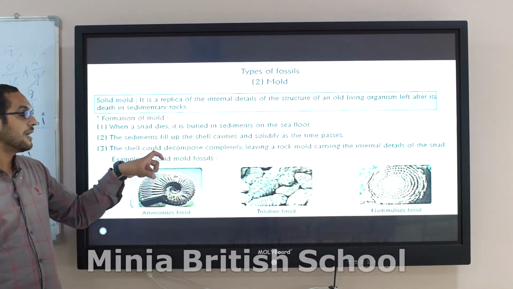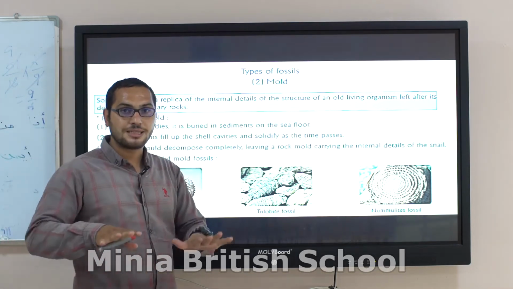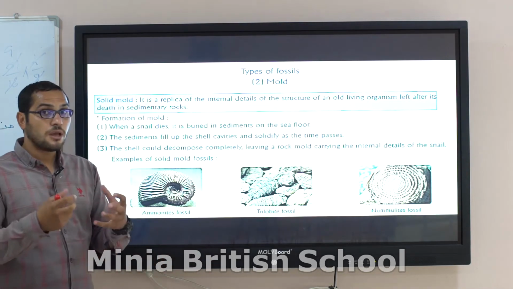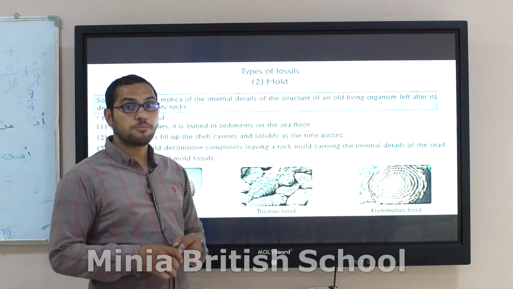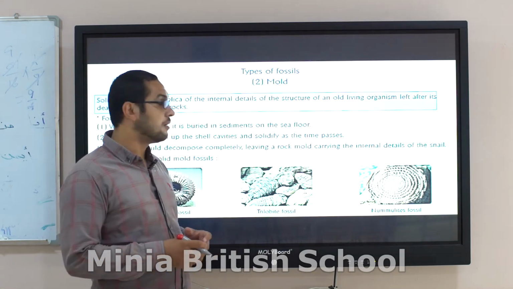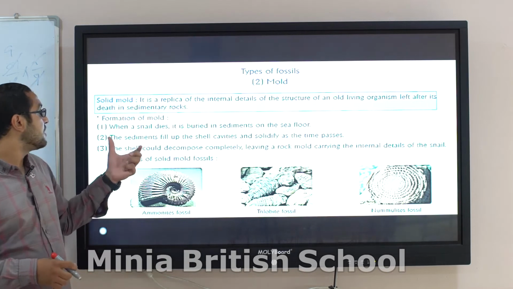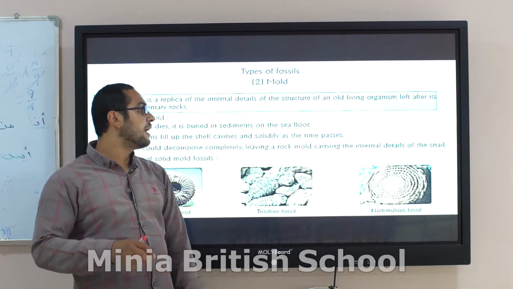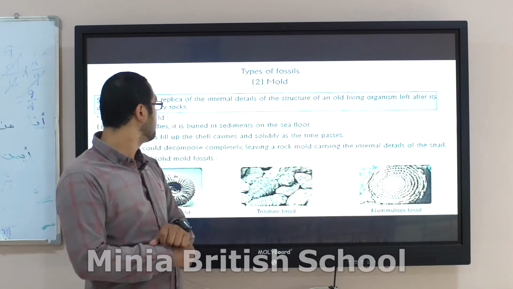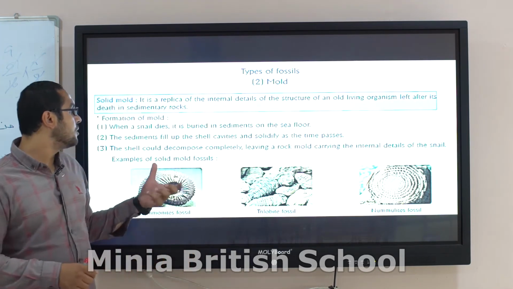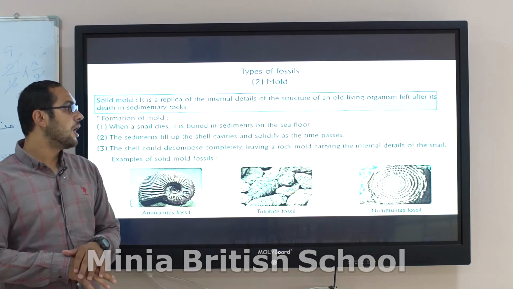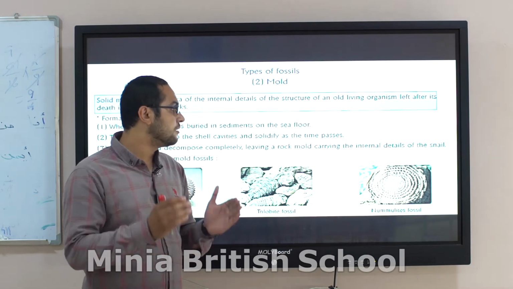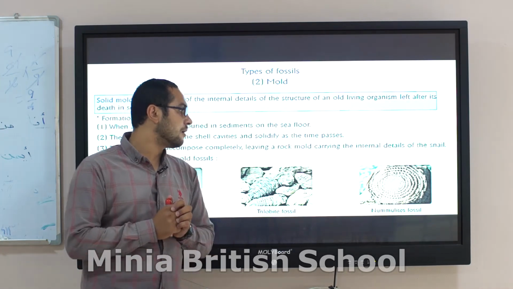When a snail dies, it falls on the sea floor. Then its soft parts decompose, leaving a shell. The sediments fill up the shell cavities and solidify as time passes. The shell could decompose completely, leaving a rock mold carrying the internal details of the snail.